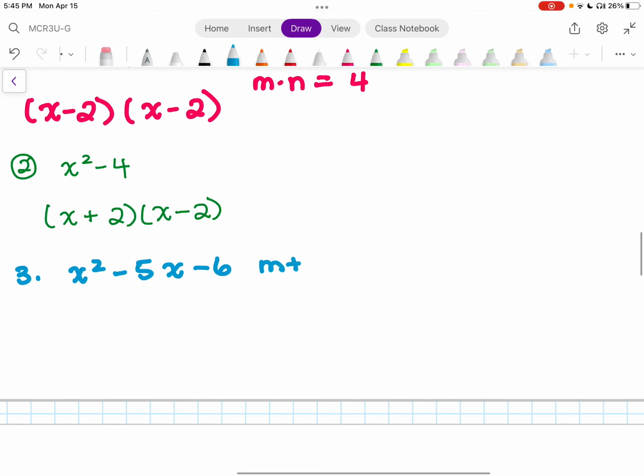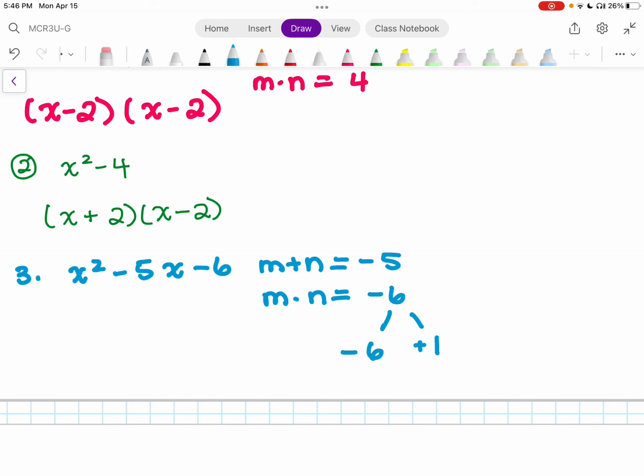Again, two numbers that when we add them together are going to give us negative 5, and when we multiply them together are going to give us negative 6. We know that can be negative 6 and positive 1, so this can be x minus 6, x plus 1.